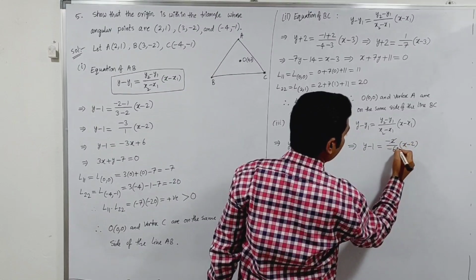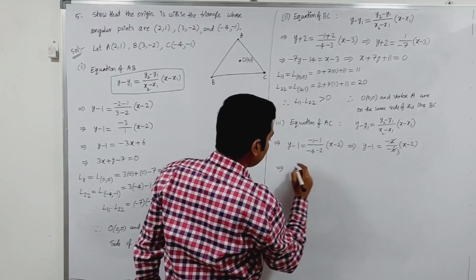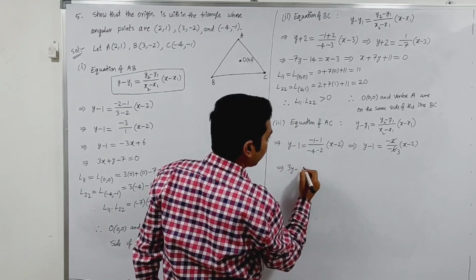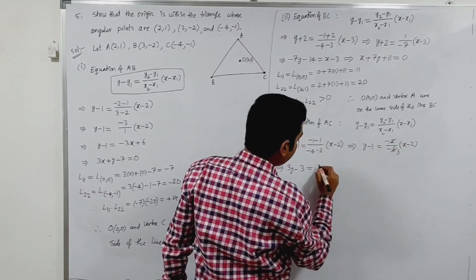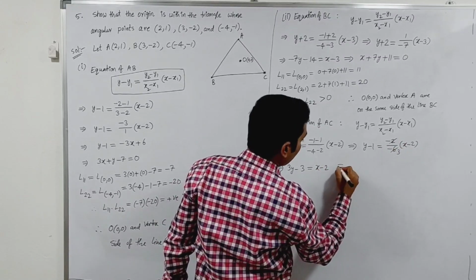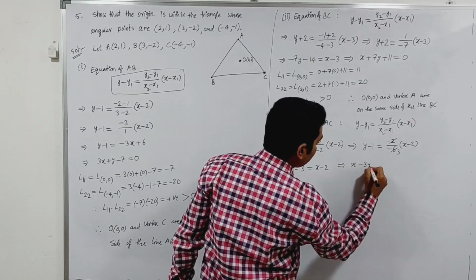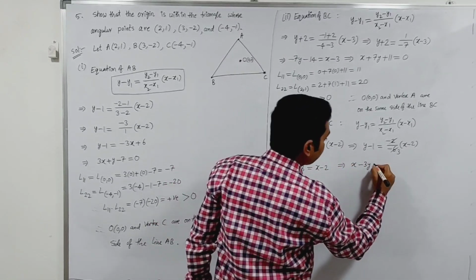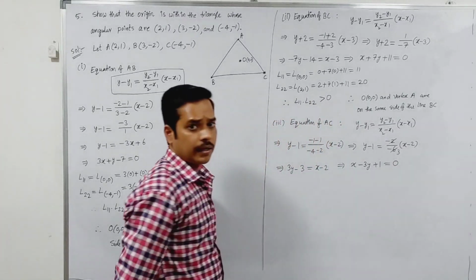Taking 3 to the left side, 3 into (y minus 1) is equal to 1 into (x minus 2). So x minus 3y plus 3 minus 2, that is plus 1, equals 0. This is the equation of AC.